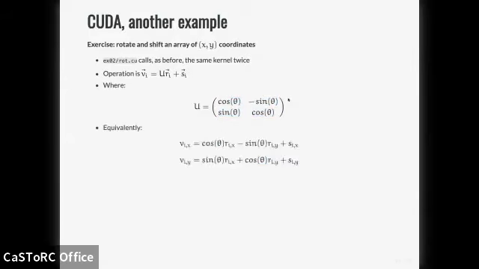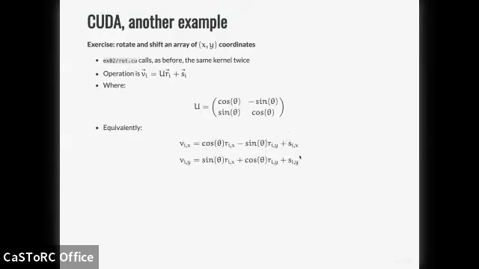So if I have an x coordinate and a y coordinate, then cos theta times x minus sine theta times y gives you the x coordinate of the rotated array, and sine theta times x plus cos theta times y gives you the y coordinate. Then I also shift.